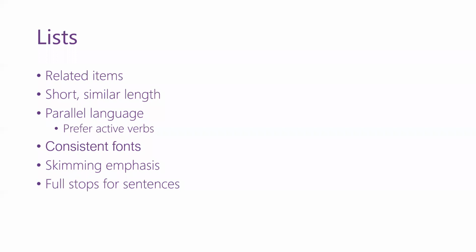It doesn't look the same. It looks like a shoddy, sloppy job. I did it on purpose to show you how it could look if you have inadvertently slipped a different font into the list. So make sure you have consistent fonts.